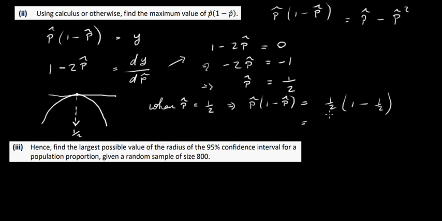Half times 1 is a half, minus half times half is a quarter. Not a half here, a quarter. So half minus a quarter is 1/4. So this is our answer here. A quarter. So this expression is maximized when p hat is equal to a half. What is the maximum value? The maximum value is a quarter.